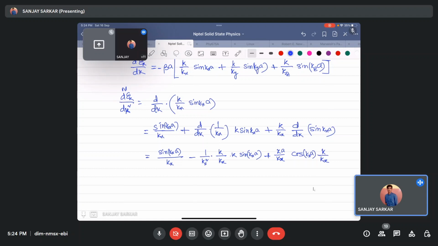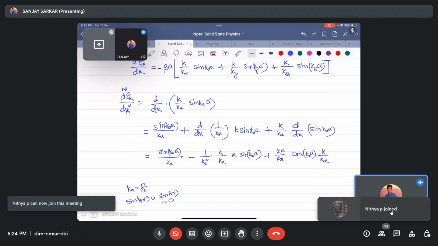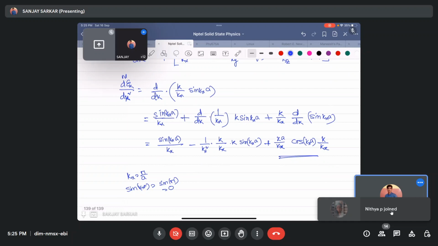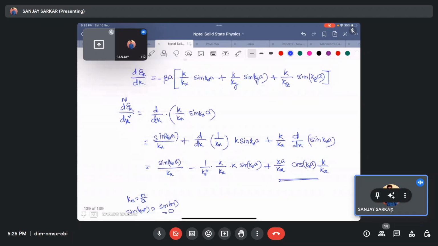Since we want to calculate at kx equal to pi by a, sine kxa will be sine pi, that means 0. So everything which comes with sine kxa will cancel out, and only the cos kxa part will remain. So for the first term we get minus beta a.